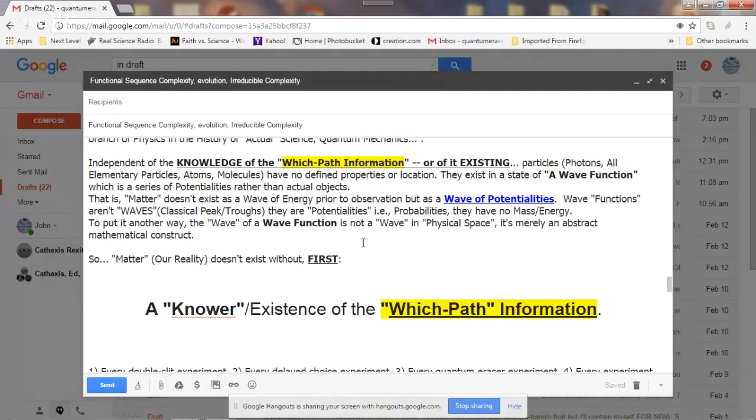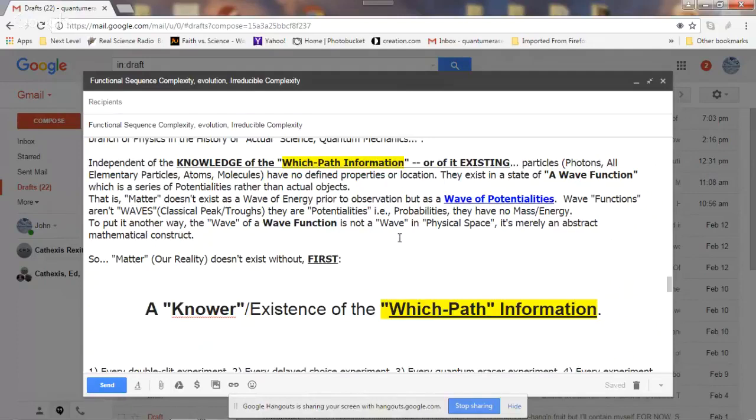They exist in a state of a wave function, which is a series of potentialities rather than actual objects. That is, matter doesn't exist as a wave of energy prior to observation, but as a wave of potentialities. Wave functions aren't waves, classical peaks and troughs.